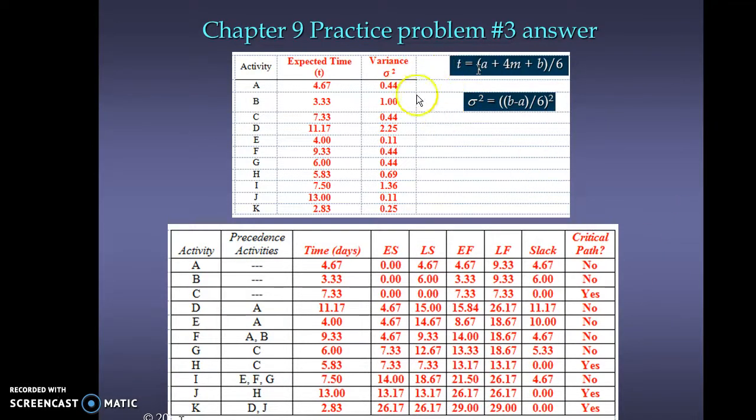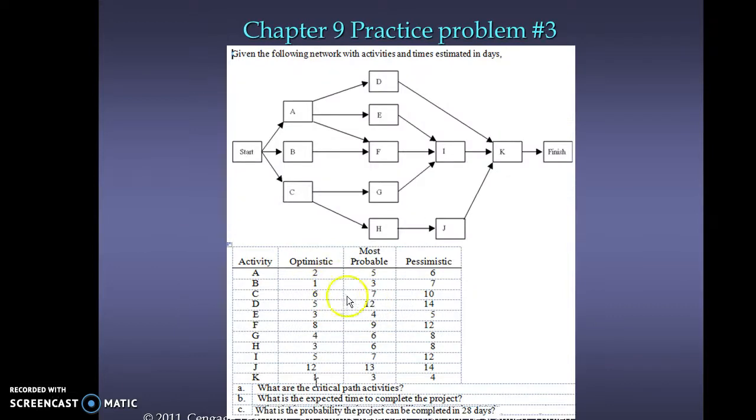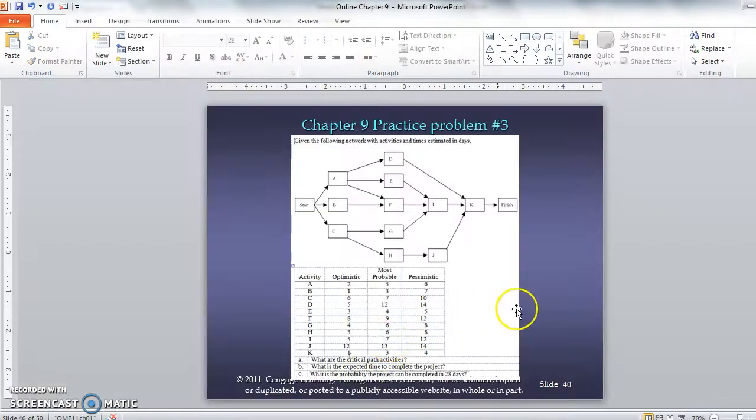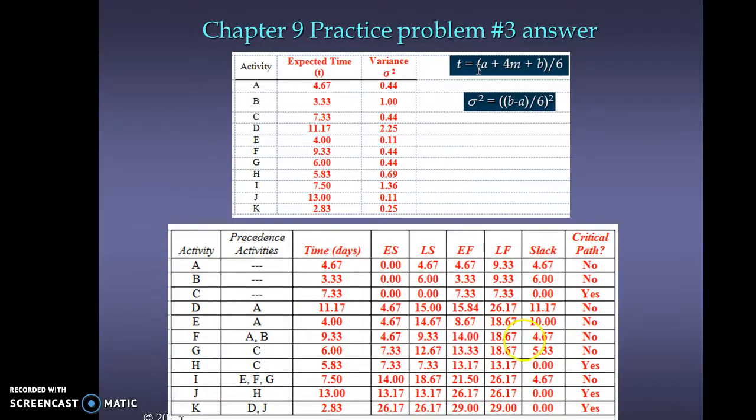I've given you the answers for T and the variance, remembering that when you're given these values of optimistic, most probable, and pessimistic, you can use this file titled Uncertain Activity Time Calculations, enter the A, M, and B, and the expected time, T value, and the variance will be calculated for you. If you enter them properly, then you will get those values and you can get these outcomes.